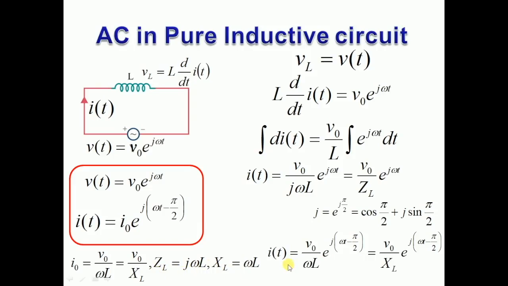So here we have I of t equal to V0 upon XL times e to the power j omega t minus pi by 2.